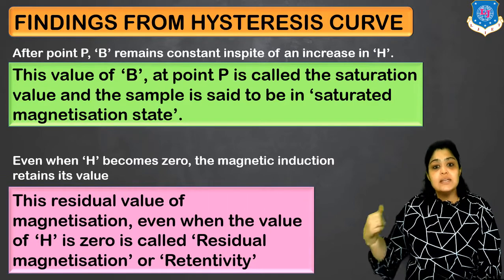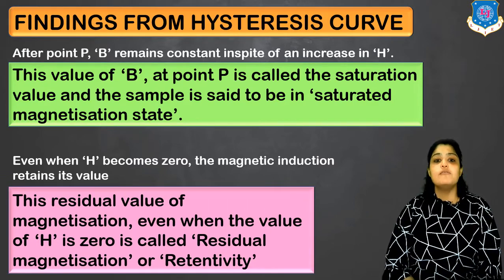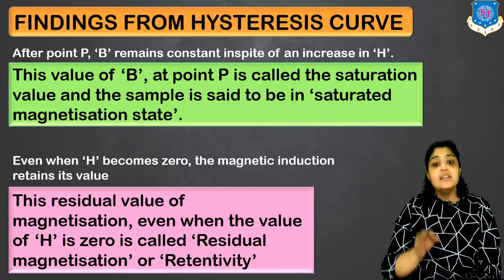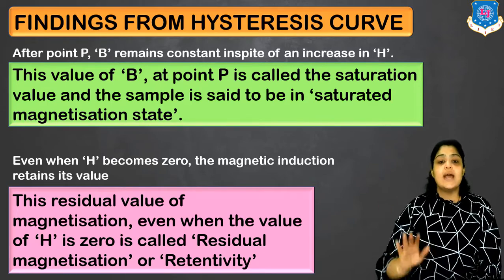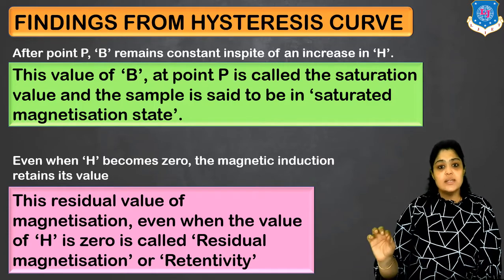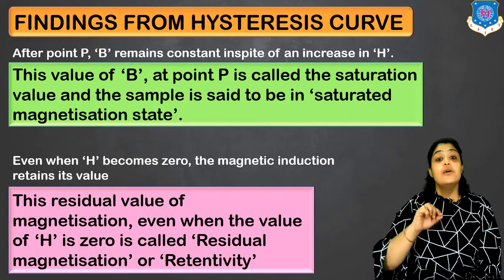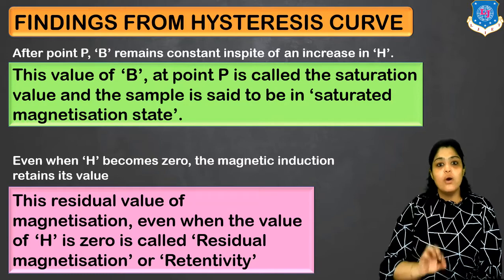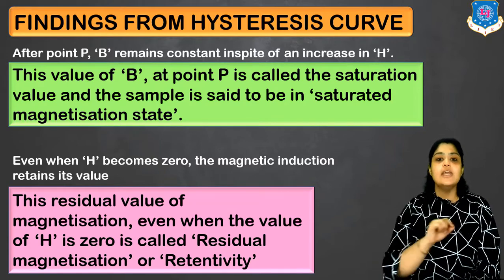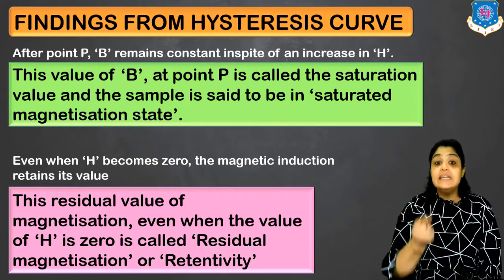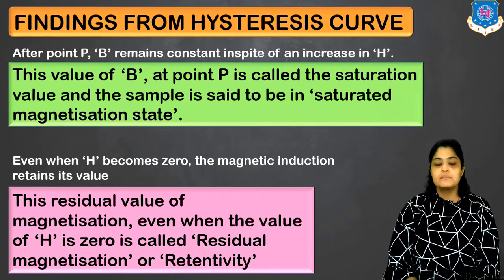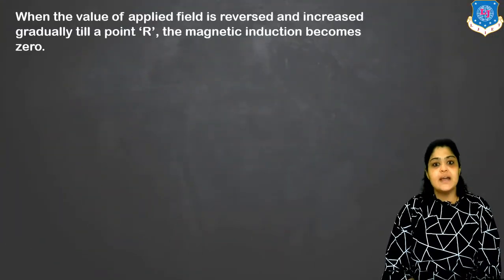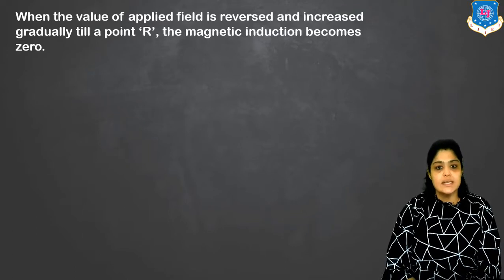And this residual value of magnetization, even when the value of H is 0, is known as residual magnetization, or remnant magnetization, or retentivity of the material. It has retained this value of magnetization. Clear? Let's see the next finding according to the hysteresis curve.